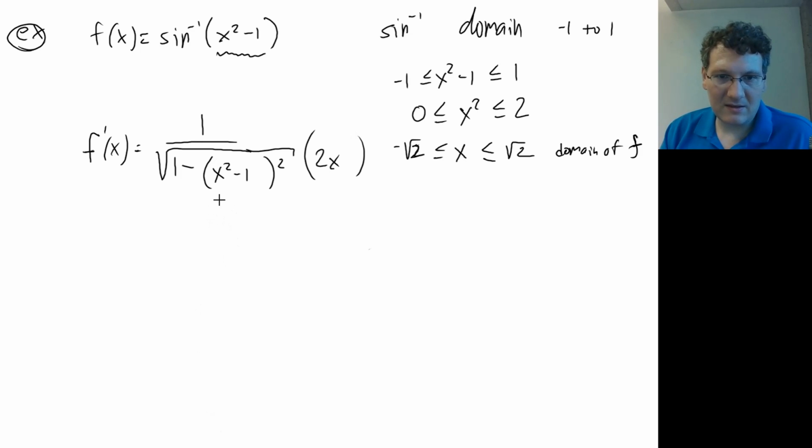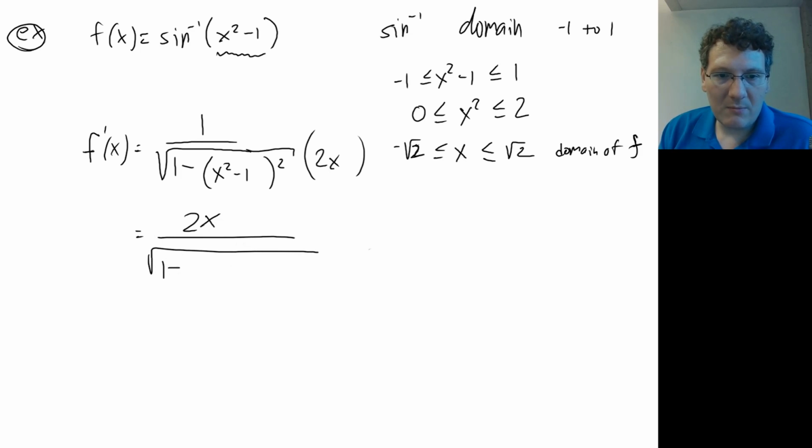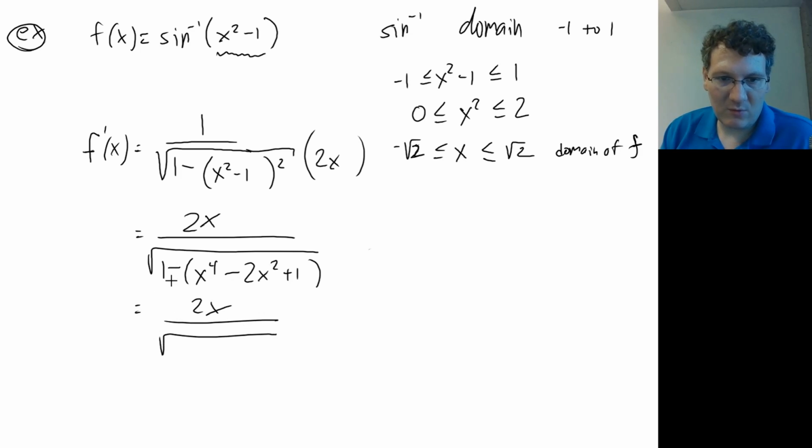Let's expand out that denominator. So that's going to be 2x over the square root of 1 minus, I'll keep it in parentheses, x squared minus 1 squared, which is x to the 4th minus 2x squared plus 1, right? And so that's 2x over the square root of 1 minus that, which is 2x squared first, minus x to the 4th.